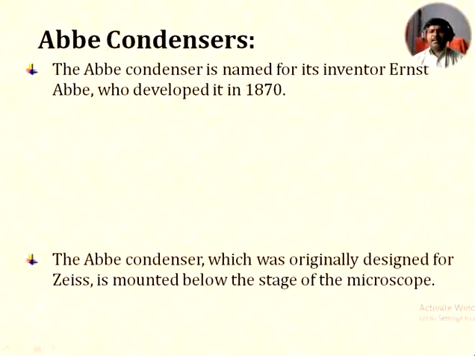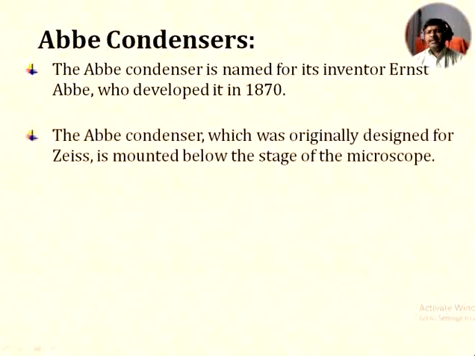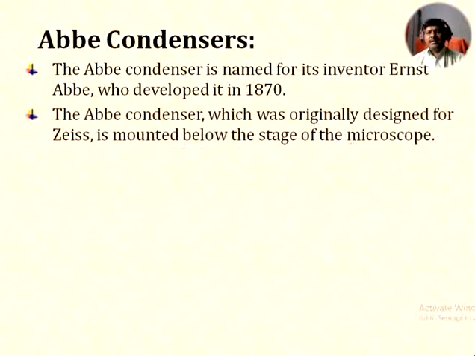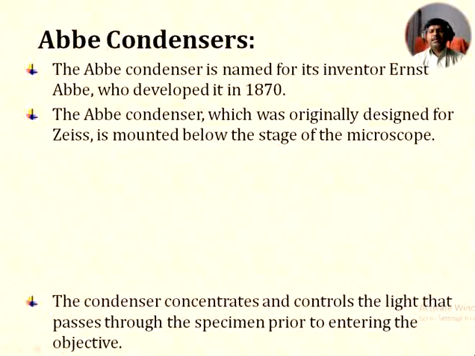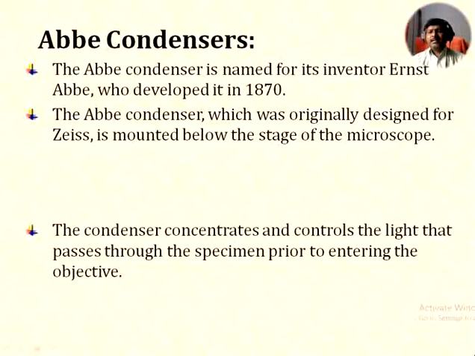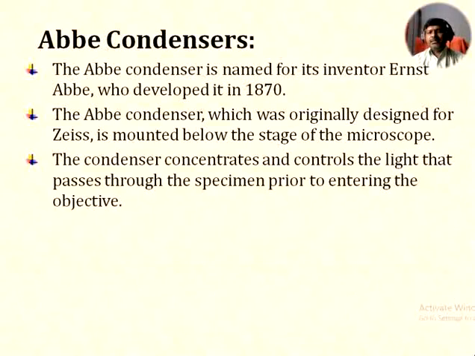The Abbe condenser, which was originally designed for this purpose, is mounted below the stage of the microscope. The condenser concentrates and controls the light that passes through the specimen prior to entering the objective.